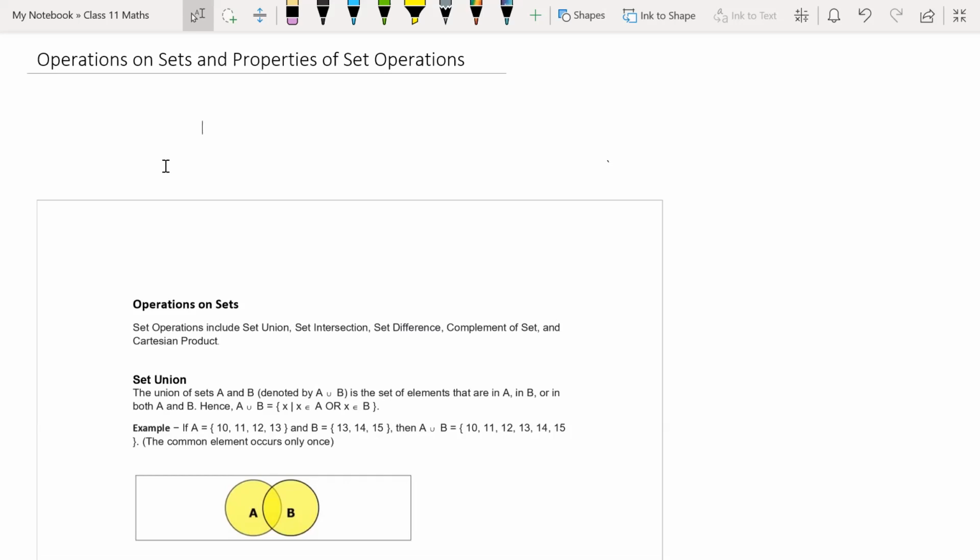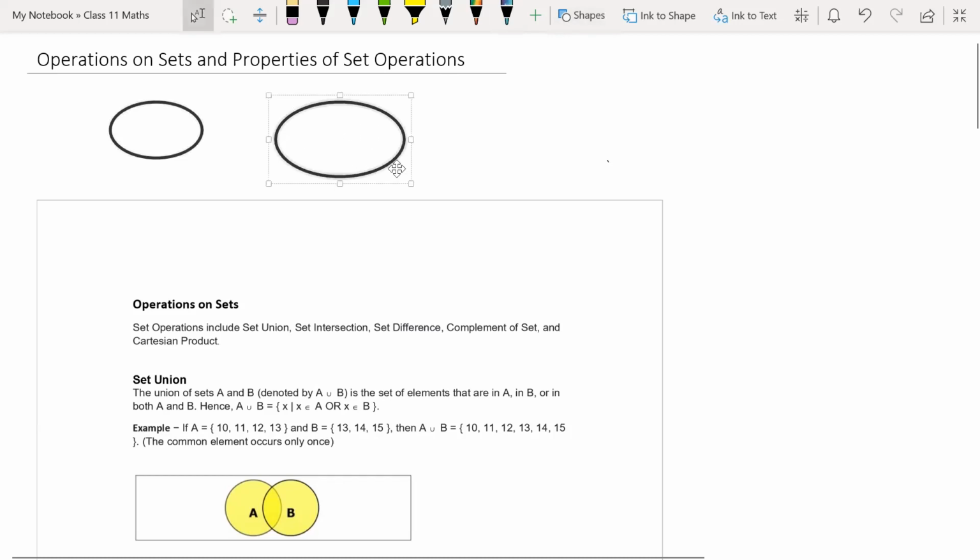Yesterday, in the forms of sets, like roster form and Venn diagram, I told about the Venn diagram. Venn diagrams are what we show in circles. Before going to operations on sets, let's discuss the Venn diagram.